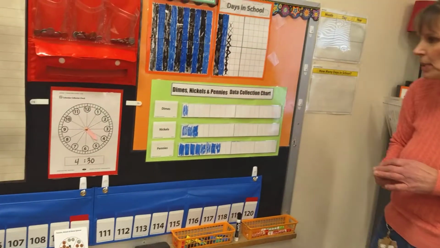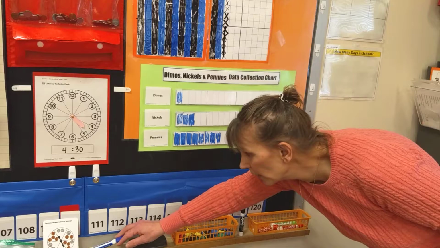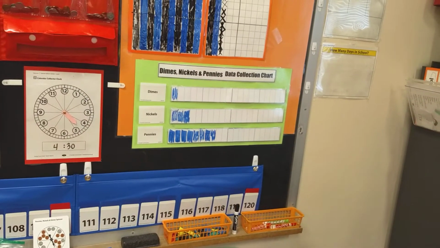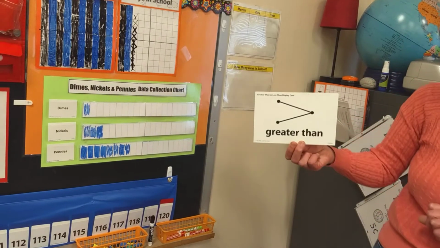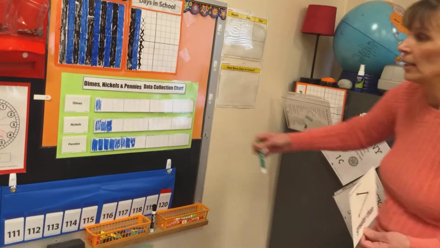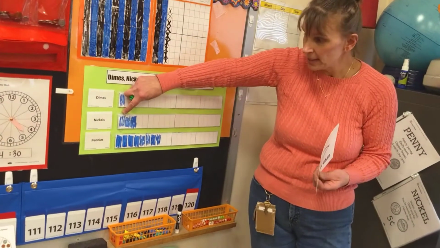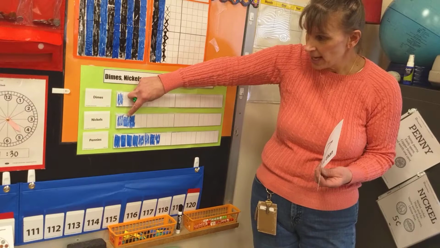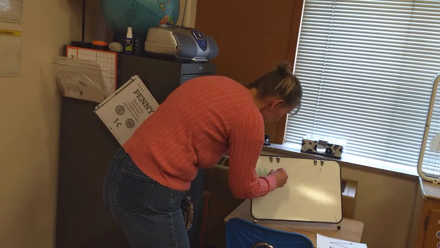Now, boys and girls, please look at our graph. And we're going to look for greater than today. So let's look at our nickels. If we count our nickels, and nickels are worth 5 cents, it would be 5, 10, 15. So we're going to write 15 cents.